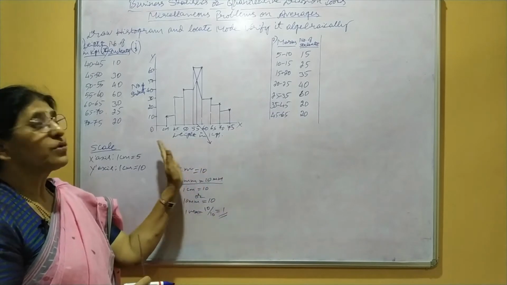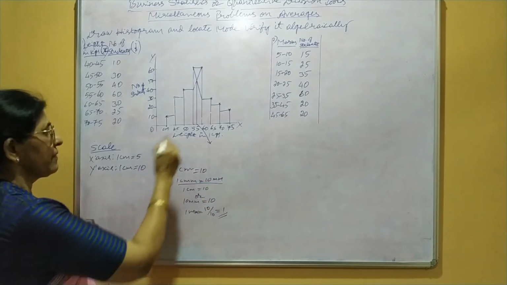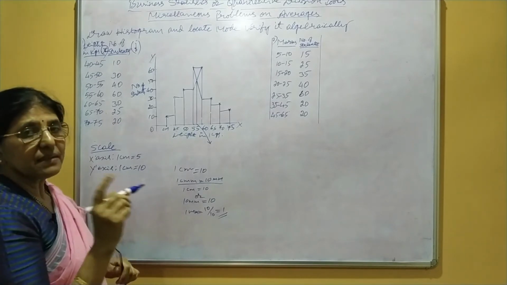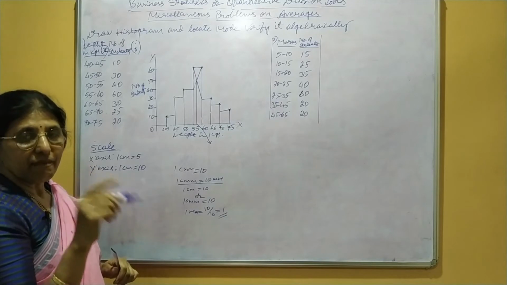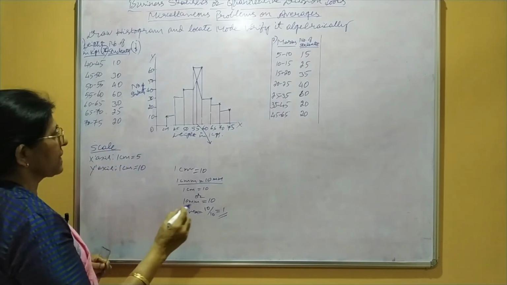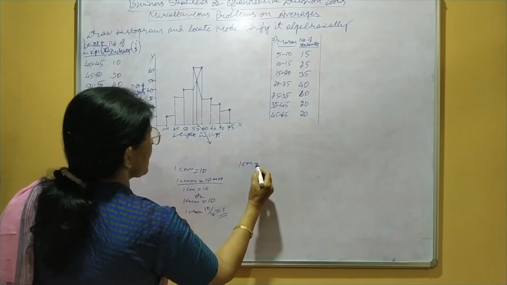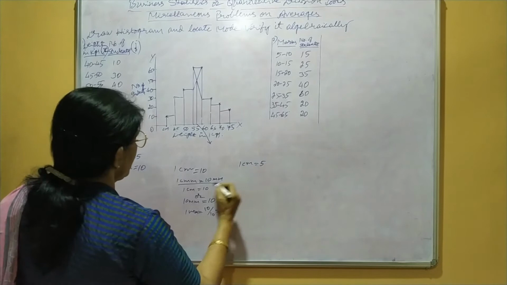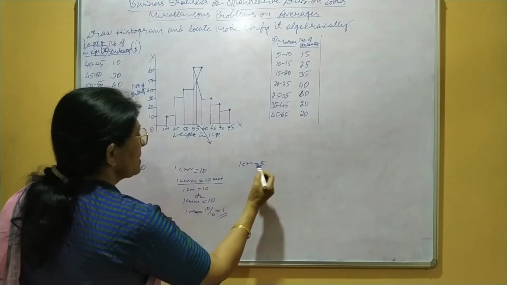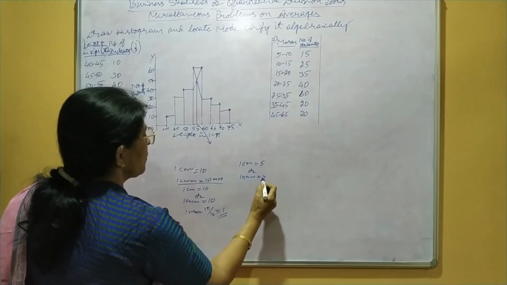Here I am not doing it on the graph sheet. On the graph sheet you may take the reading. Even here, to take the reading you have to know the value or measure for each millimeter. In the case of the x-axis we have taken 1 centimeter equals 5, isn't it? 1 centimeter equals 10 millimeters. That means 10 millimeters equals 5.